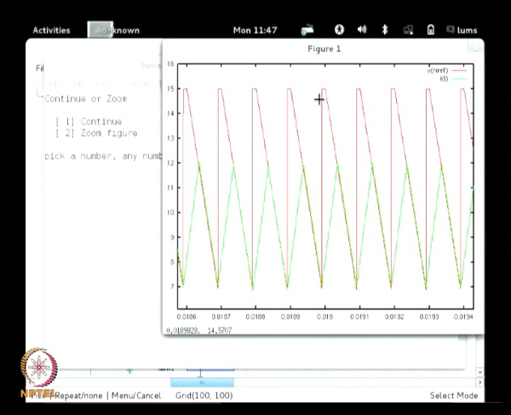Look at this waveform. The red one is the voltage which is proportional to your IL reference, which is something like an inverted sawtooth. Look at the reference, it is a 15 amp reference, and this flat portion which you are seeing here is due to the pulse width of the clock.